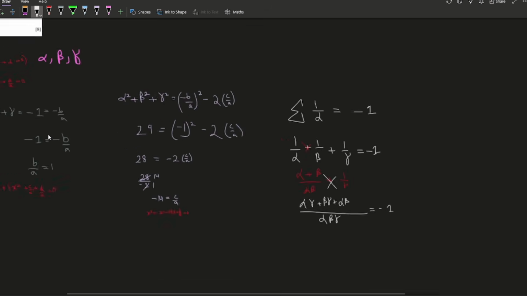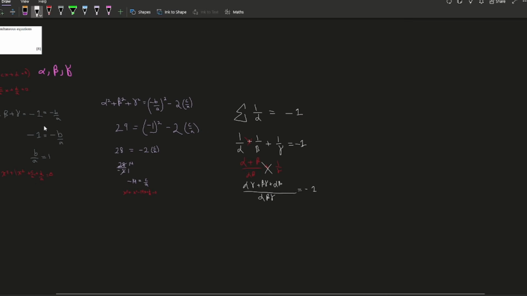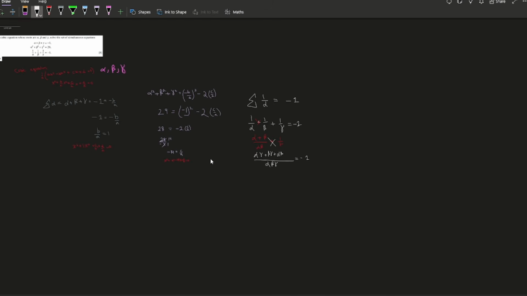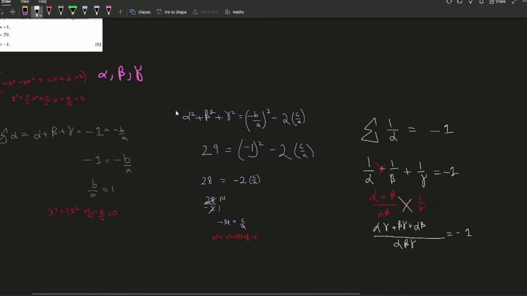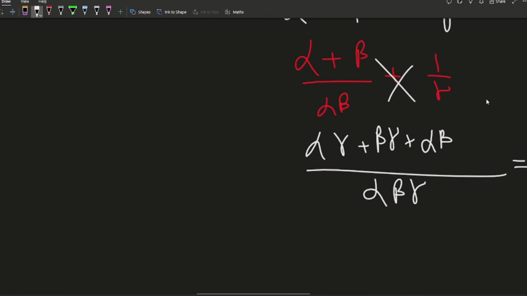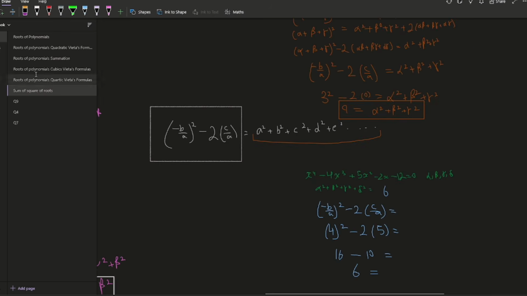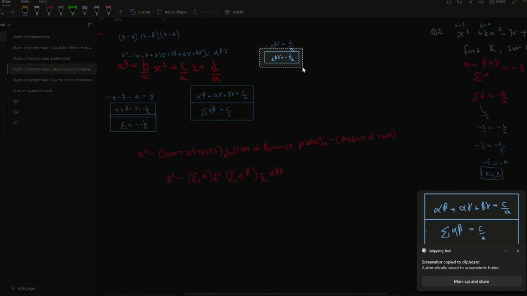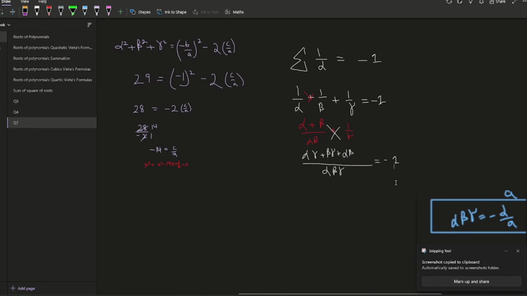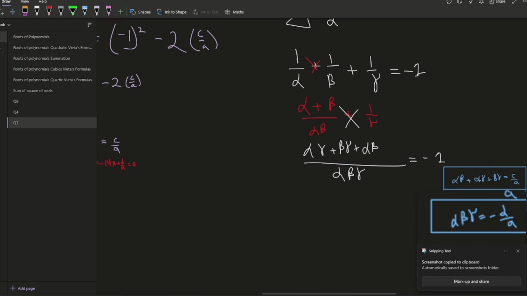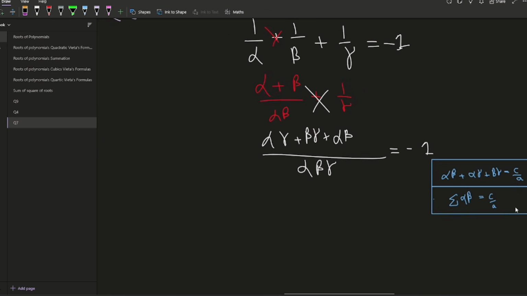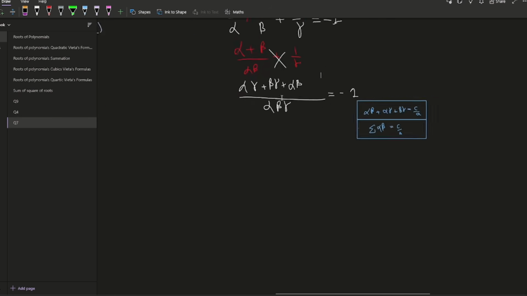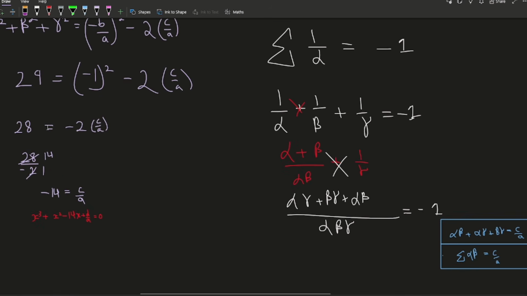Now, in a cubic equation, the sum of pairwise roots equals c over a, and we have already found the value of c over a, which is minus 14.